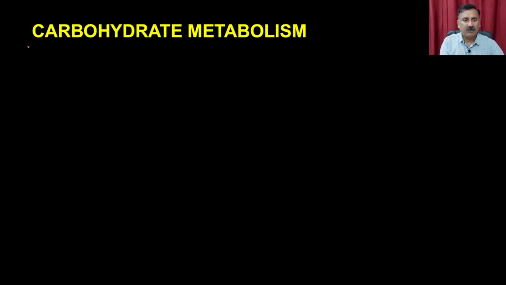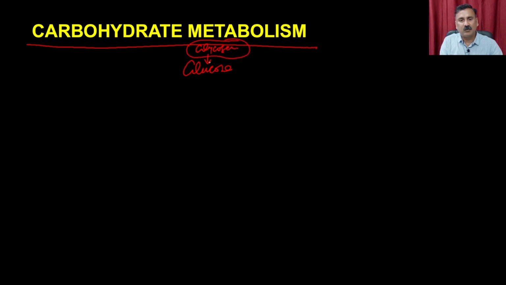So when we talk about carbohydrate metabolism, it starts from glucose, right? And the glucose is going to be produced from polymeric carbohydrates such as glycogen. So when there is glycogen breakdown, the glycogen is going to give you glucose.